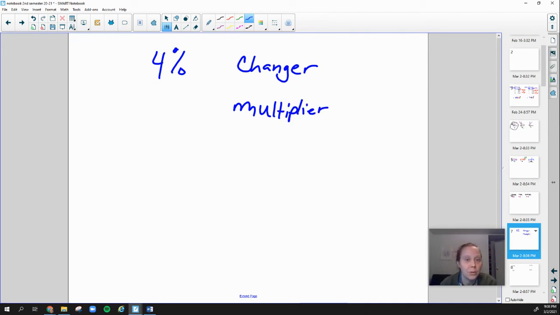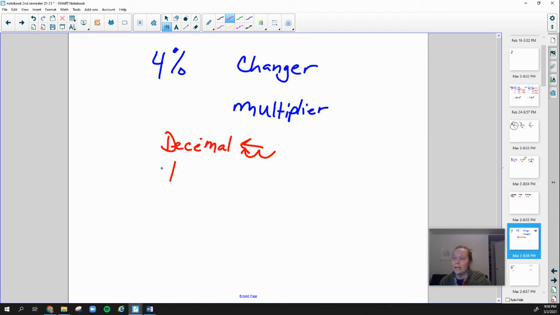So the steps you want to do for that is, remember, we're going to take our decimal and move it 2 spaces to the left, 1, 2.